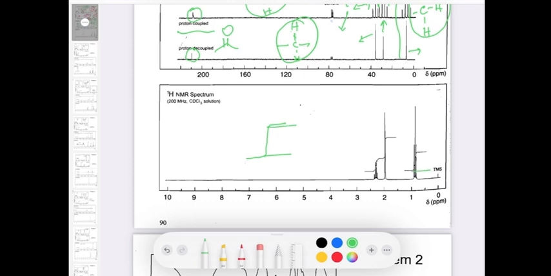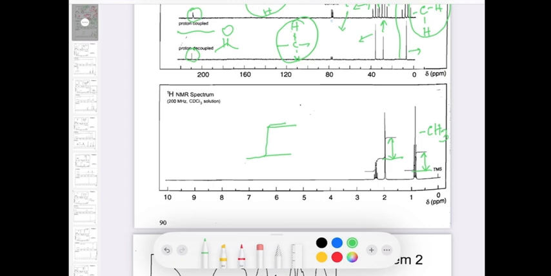If you consider the length from here to here, and also from here to here, they are almost the same. We know the first peak is a methyl group, so 3 hydrogens are there.